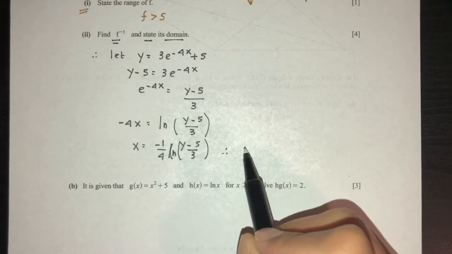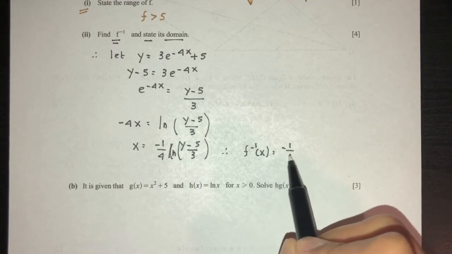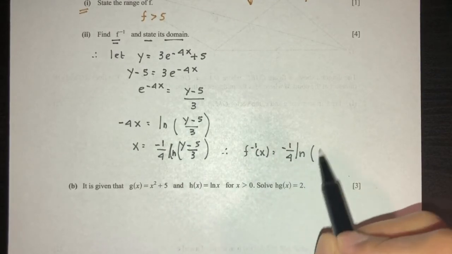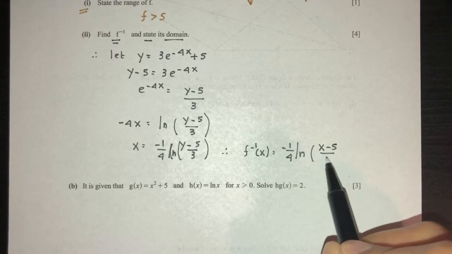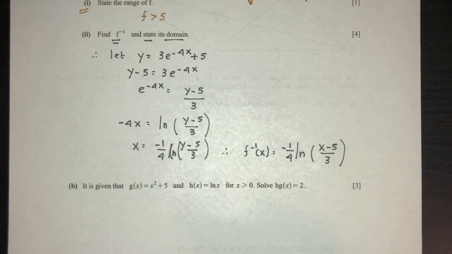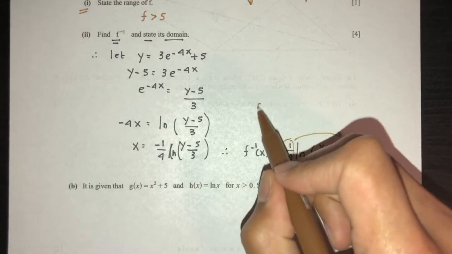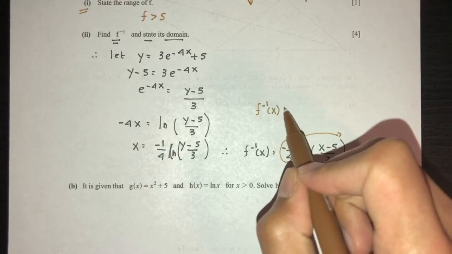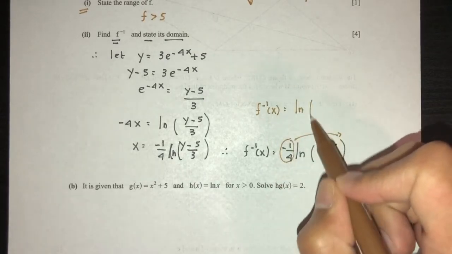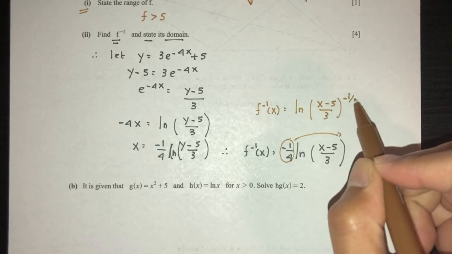So finally, f inverse in terms of x, you have to write minus 1 over 4 ln of x minus 5 over 3. Now if you want to simplify some more, you can always do that. Let me show you guys. You can send this power here. You will have ln of x minus 5 over 3 power minus 1 over 4.